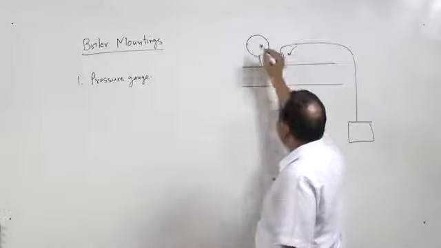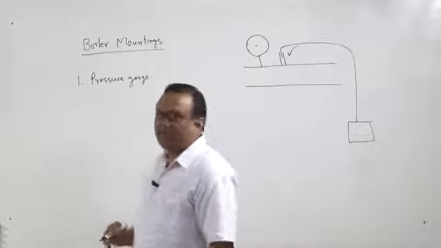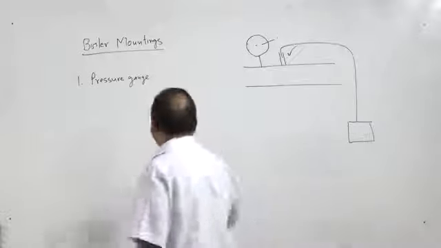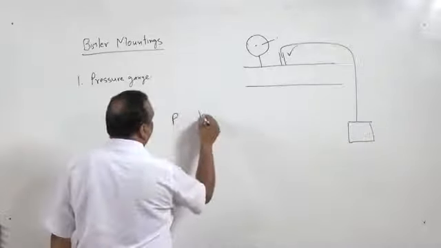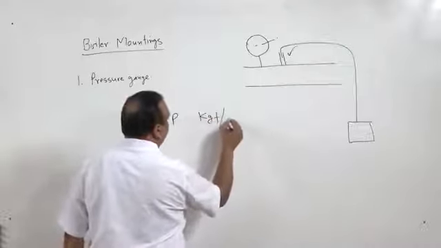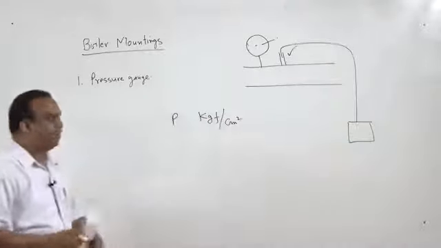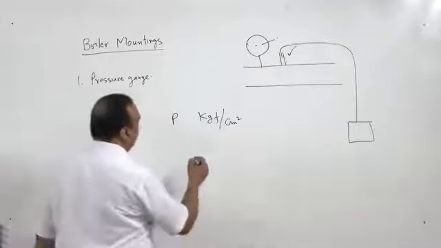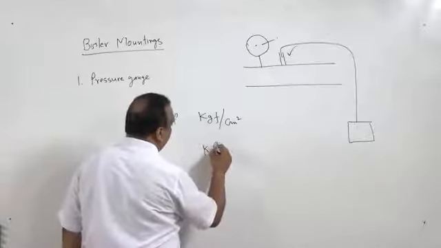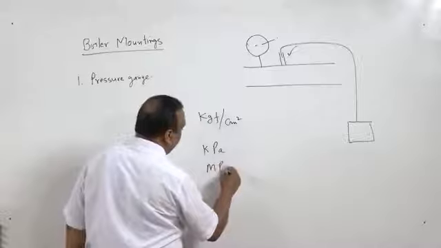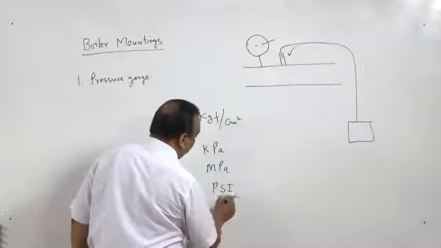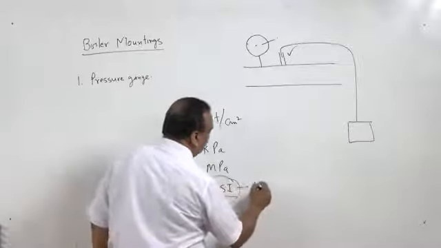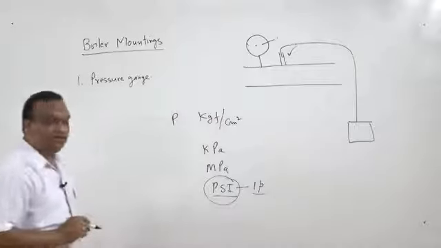Even in this case, a dial type pressure gauge is a must, and it displays the pressure in different units. If you go to the industries, you will find pressure in kilogram force per centimeter square, which is typical of the MKS system. You can find pressures in kilopascal, megapascal and PSI, pounds per square inch, which is an inch pound system of pressure measurement.